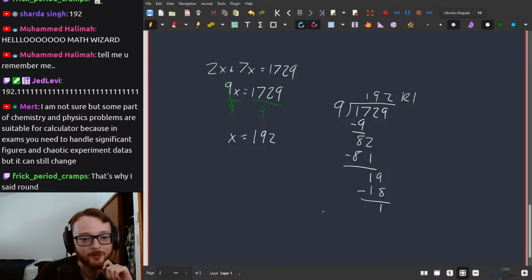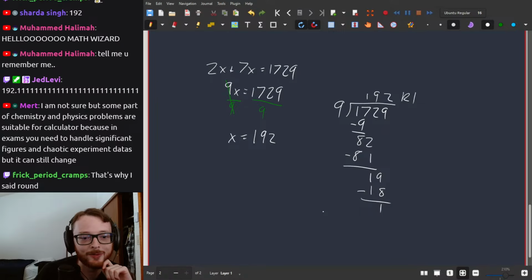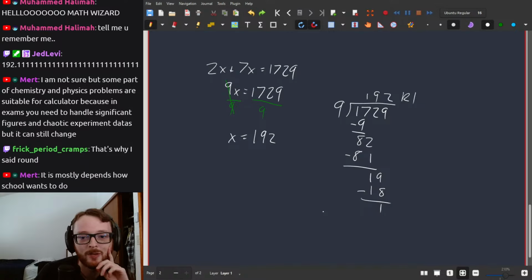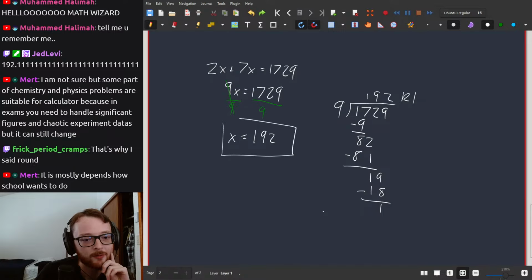If you're not allowed to use a calculator, trying to figure out how to round it, I guess the rule will be if your remainder is more than half, or equal to half, of 9, you round up. If your remainder is less than half of that 9, or whatever you're dividing by, you would round down. So yeah, I'd say that's our answer right there. I don't know if you have any questions about that.